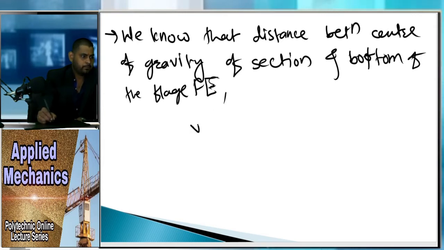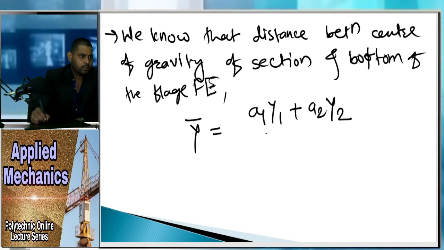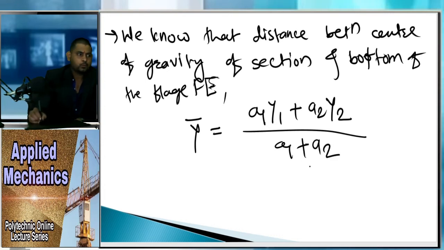So here y bar is equal to nothing but a1 y1 plus a2 y2 divided by a1 plus a2. So put the values here, so you will get the y bar.